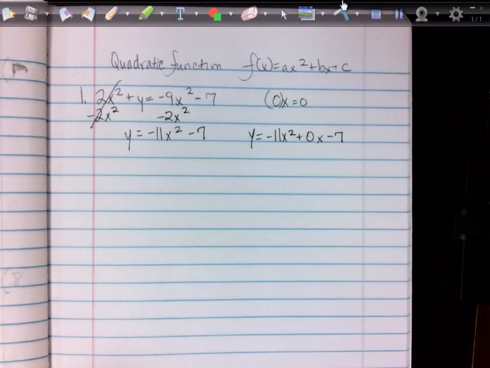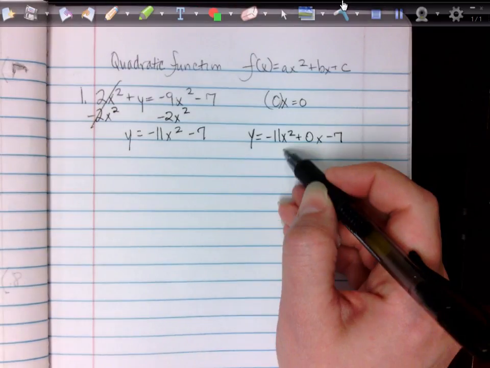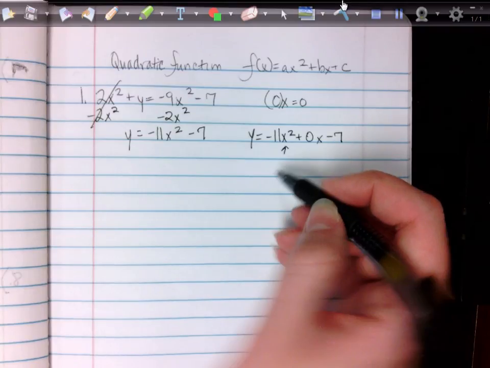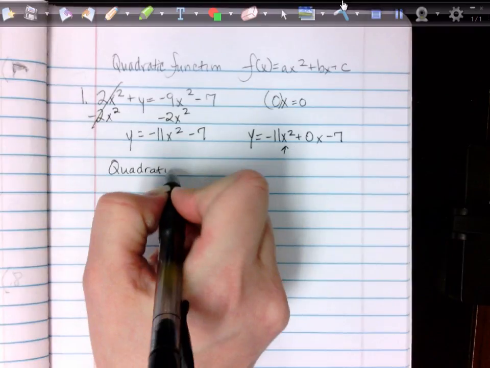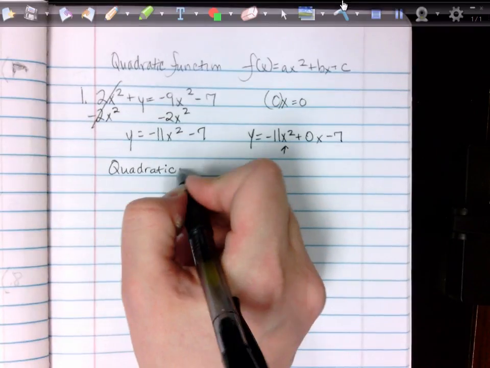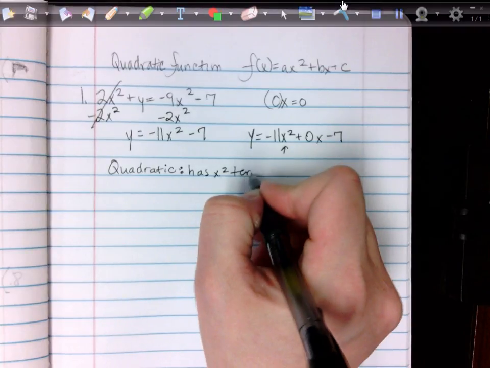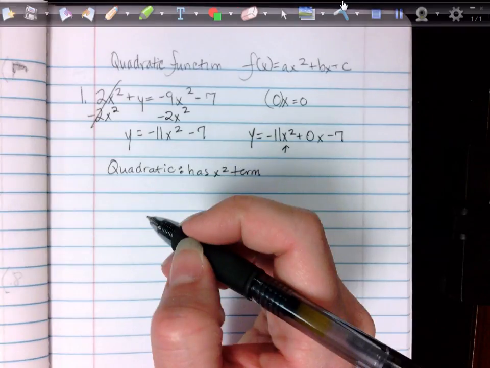So now I'm going to look and determine this is quadratic because it has the x squared term, so that makes it quadratic. So I'm going to say quadratic, has x squared term, and then I'm going to say I need to determine whether it opens upward or downward.